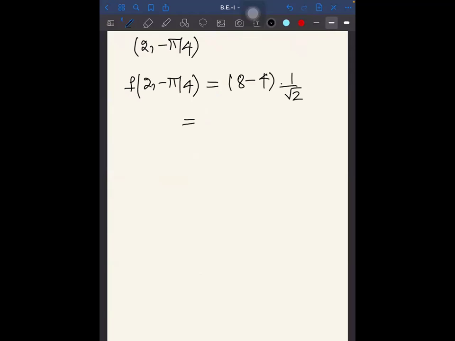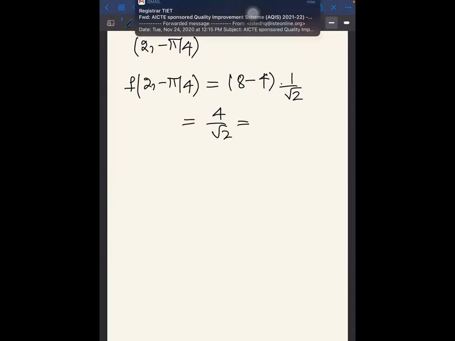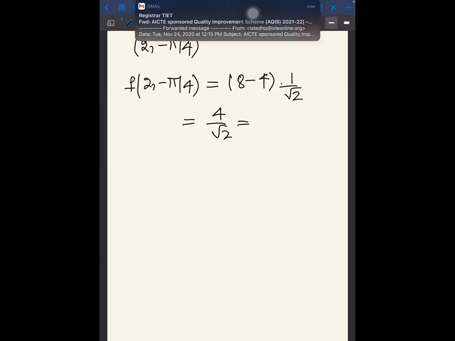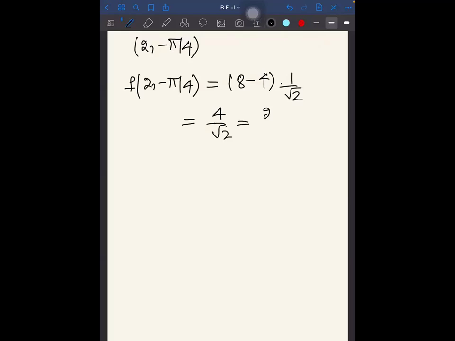So that is 4 by root 2. So that is 4 root 2 by 2. So that is 2 root 2. Yes, fine.